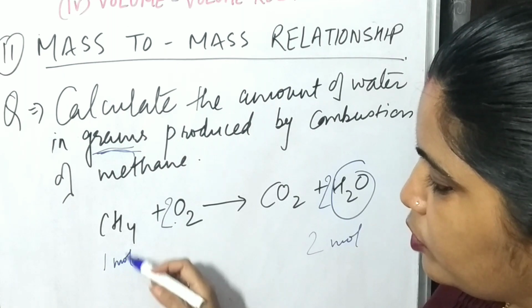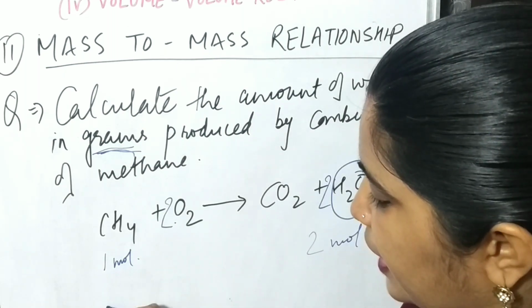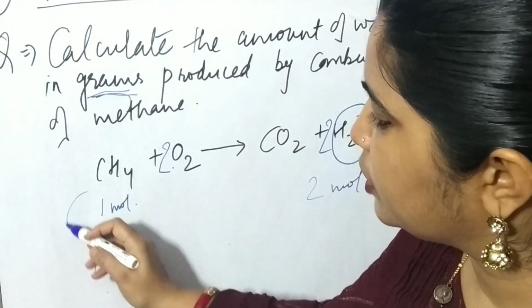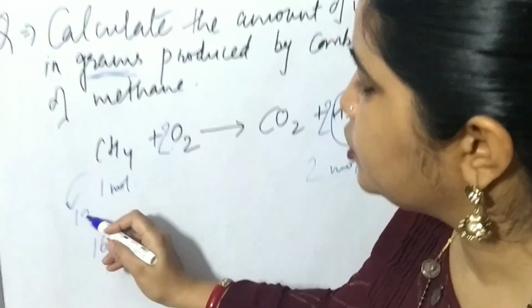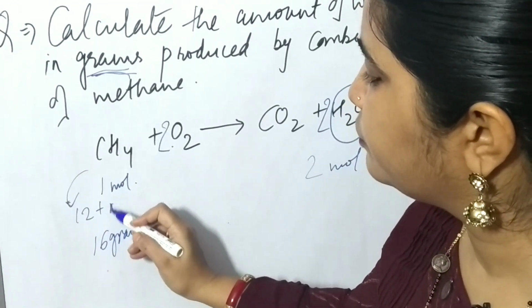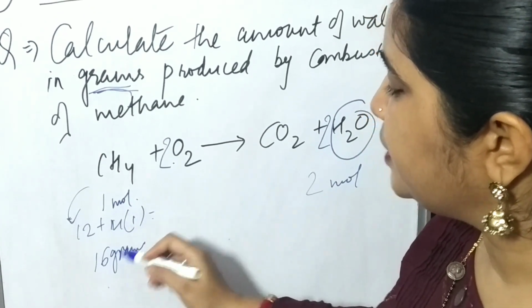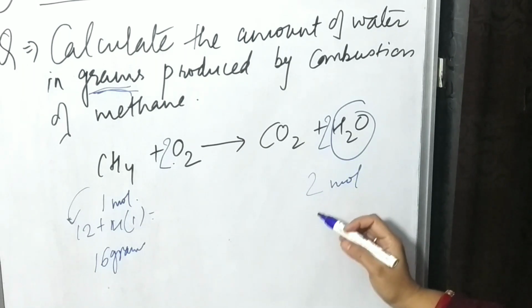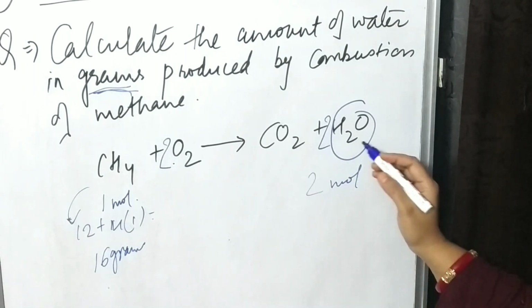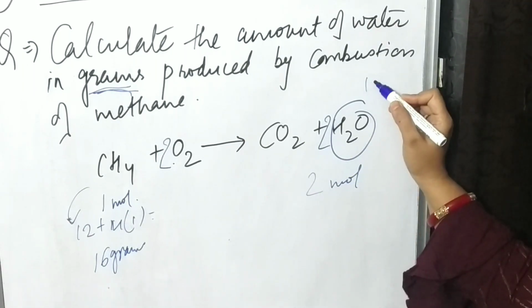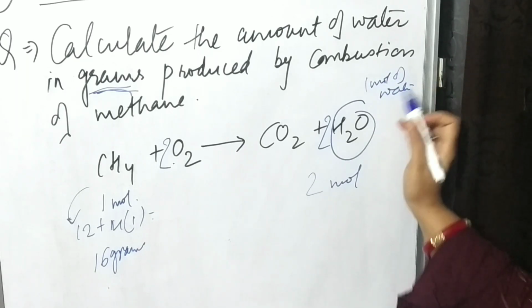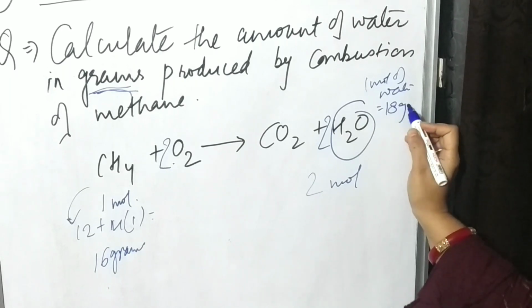See, 1 mole of methane means it will have 16 grams. Why 16 grams? The molecular mass will be carbon 12 plus 4 into 1, so it will be 16 grams. 16 grams of methane produces 2 moles of water. It means 1 mole of water contains how many grams? 18 grams.